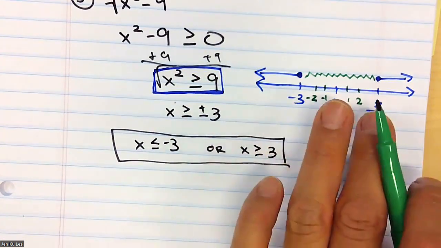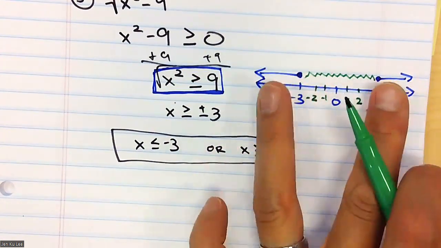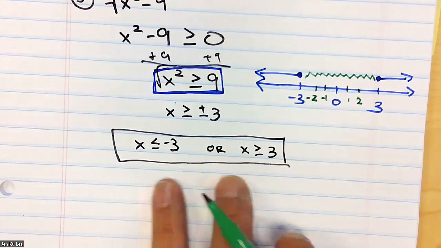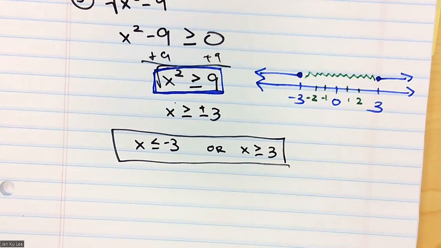So this is an OR graph. Questions on that? No?